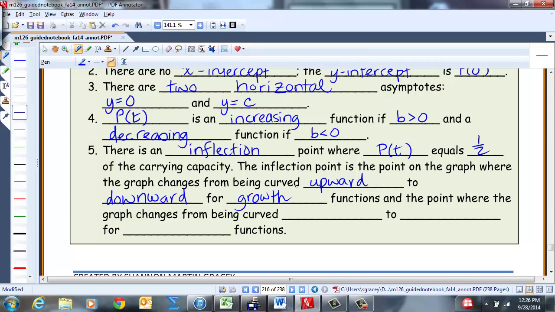And the point where the graph changes from being curved downward to upward is for decay functions. Okay.